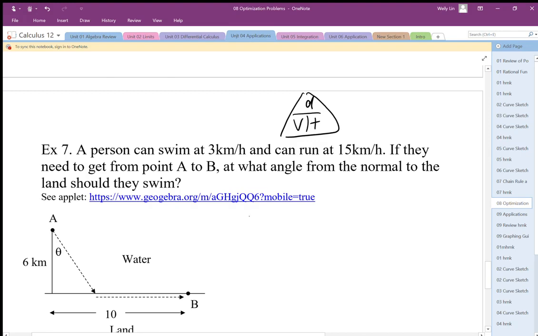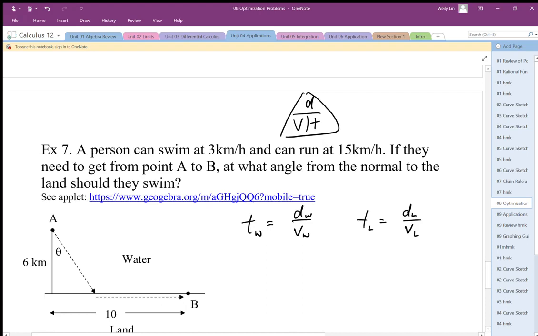So we want to minimize time, and I need an equation for time. Time on the water is the distance on the water over the velocity on the water. Time on land is the distance on the land over the velocity on the land.